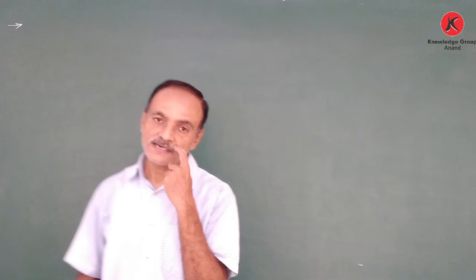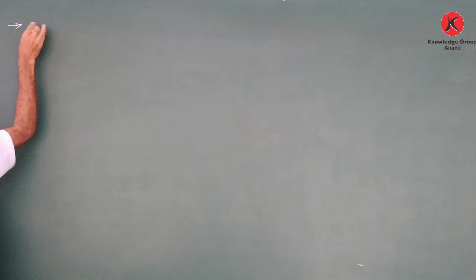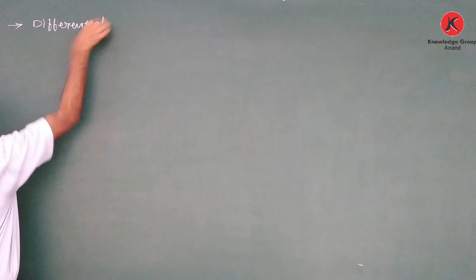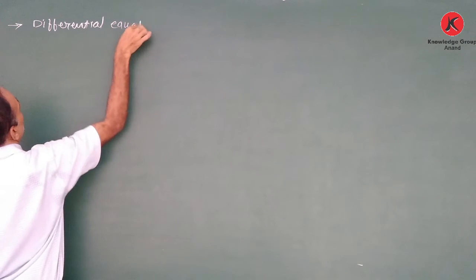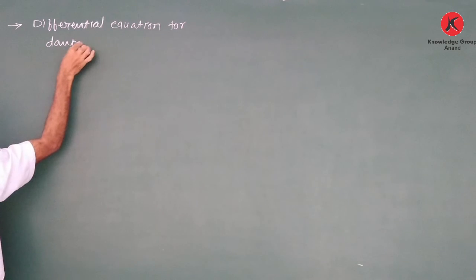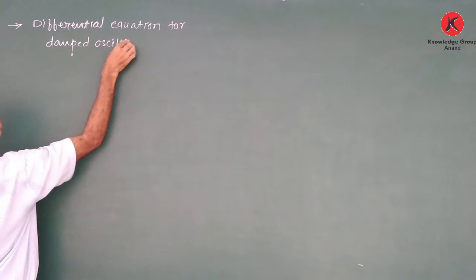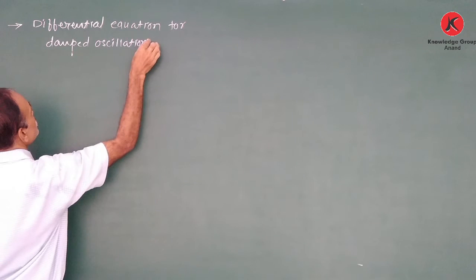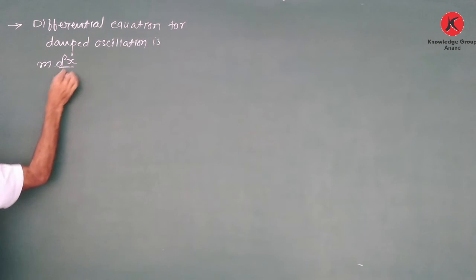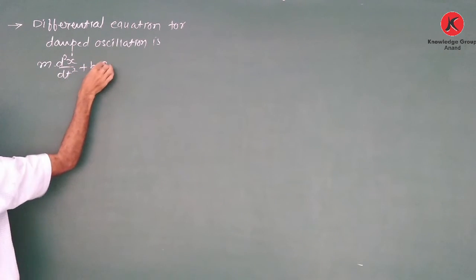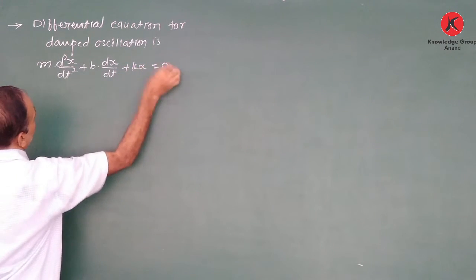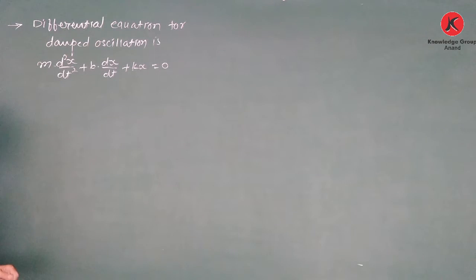Now just read here. The differential equation for damped oscillation is, again we write down here, m into d square x upon dt square plus b into dx by dt plus kx is equal to 0. That is our damped oscillation.